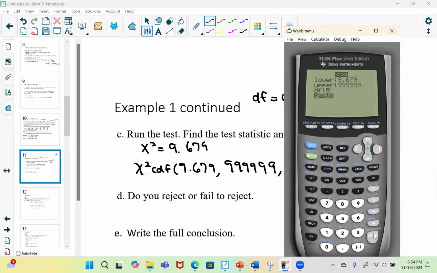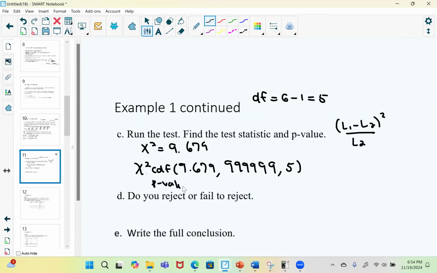If you have a really old calculator, you'll just have the blinking screen and you'll type it in like I did here with the commas and hit enter. That is your p-value. So our p-value is 0.08.